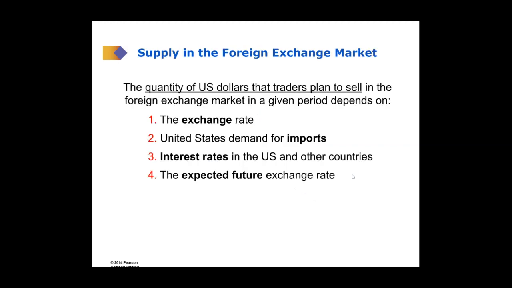Now let's look at supply. Supply of a currency depends upon the price, or the exchange rate, but if we're looking at the supply of U.S. dollars, it also depends upon the demand for imports into the United States, interest rates relative to what they are in other countries and currencies, and of course the expected future exchange rate.